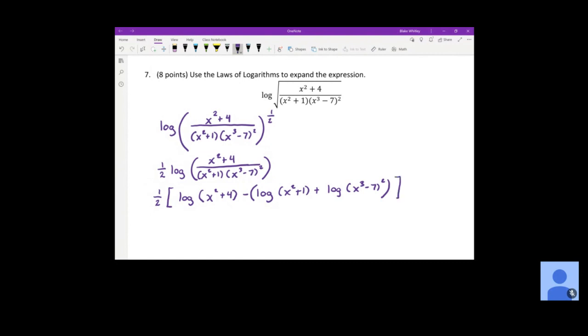And I'm going to close off my bracket there because the 1/2 is going to go with everything inside. So again, because we have multiple things in the denominator there, when I do that subtraction, change the division to subtraction, I have to make sure that everything in the denominator is grouped together, and that's why I need that extra set of parentheses there. Any questions on that step?